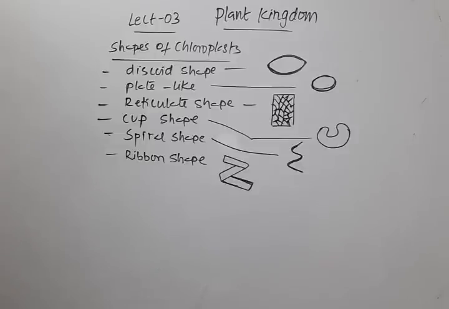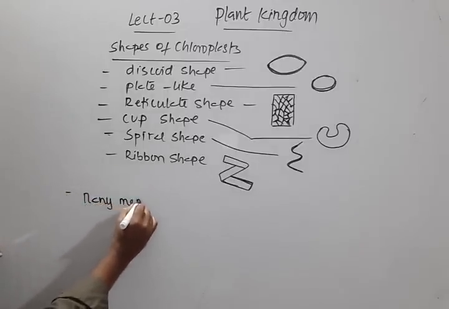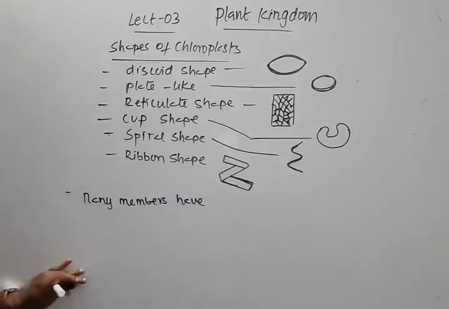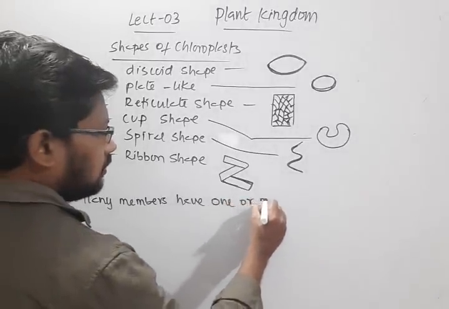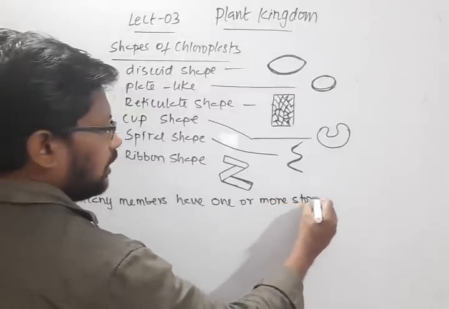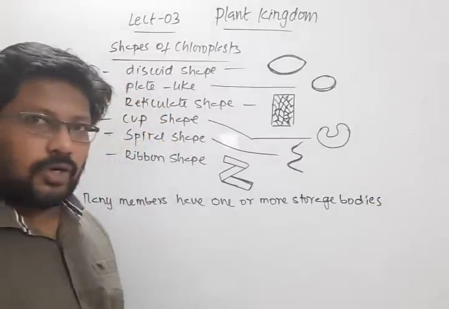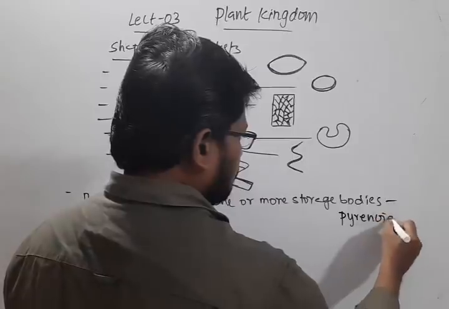So the next one, many members have, inside the chloroplast, one or more storage bodies, and those storage bodies are called pyrenoids.